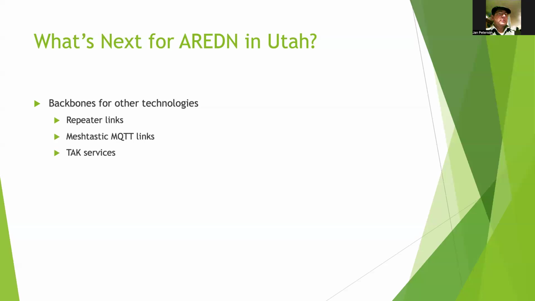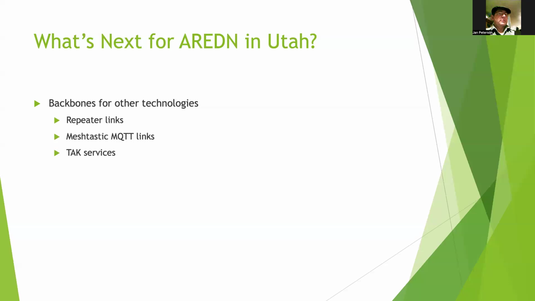So lots of cool things that we can do. Meshtastic supports MQTT links. If you're not familiar with MQTT, it's the Message Queuing Telemetry Transport. It's a very simple message queuing system. It's a pub-sub type system. So you have devices that publish information to this queue and devices that consume it or subscribe to it.